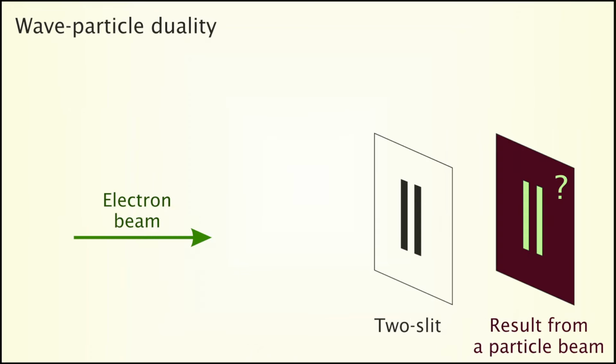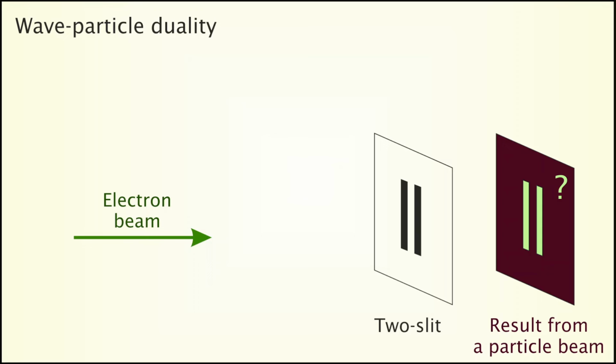So this is a classical experiment where you can demonstrate the wave-particle duality. Assume you have an electron beam and you let it hit a two-slit, and behind this two-slit there's a screen which is capturing the electrons and lighting up where the electrons have hit.